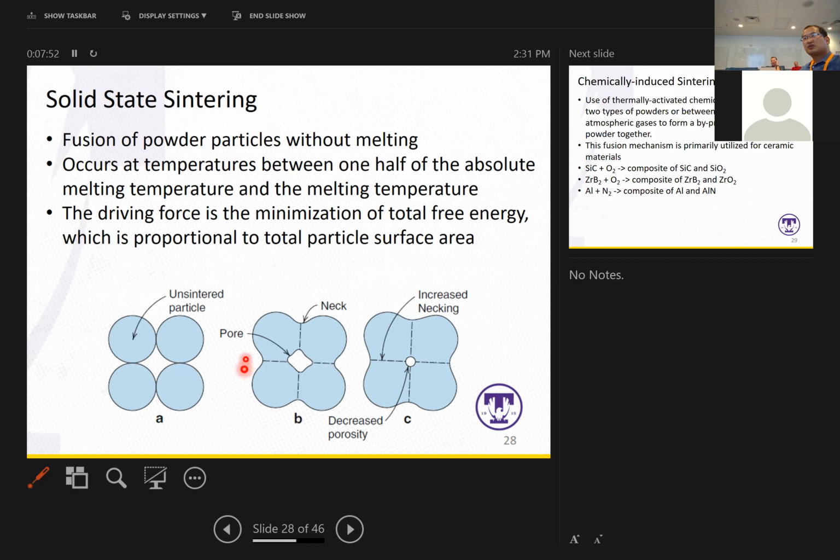But after you apply certain energy, they become sintered together, and the hollow areas, the space in between these particles, decrease to a certain level. That is solid state sintering.